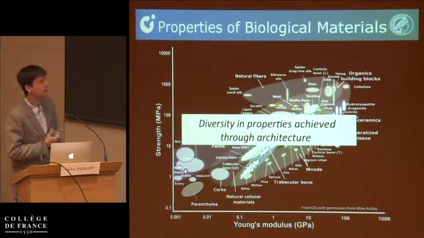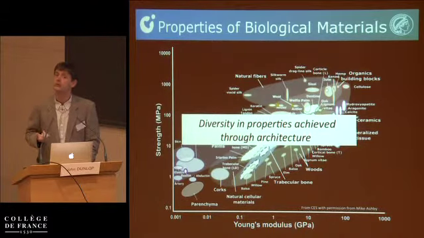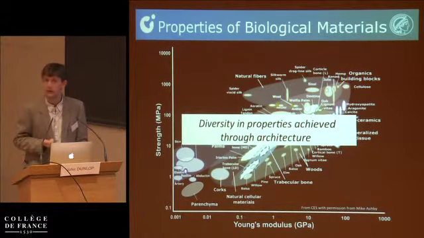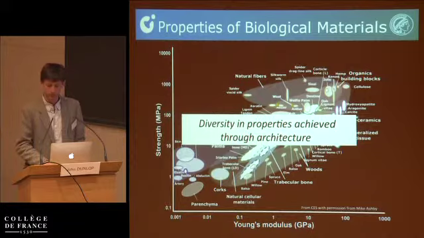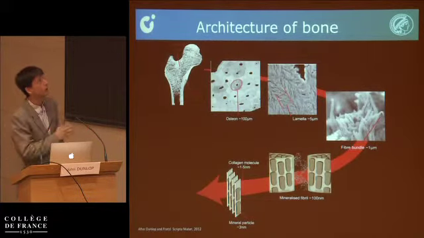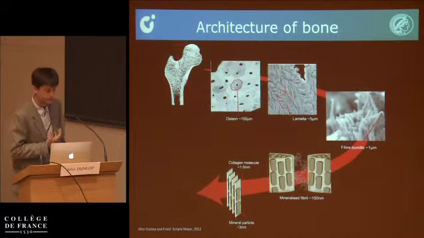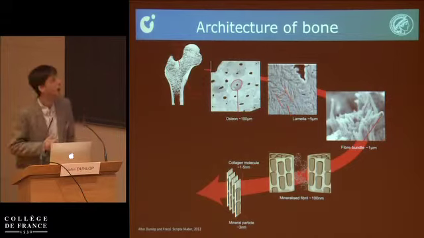And what does this mean? It means the diversity in the material properties comes through the material architecture, the way in which these components are put together. And what do we mean by architecture? Well, very quickly, just again, you've seen this before, for example in bone, we can talk about a hierarchical or multi-level architecture.